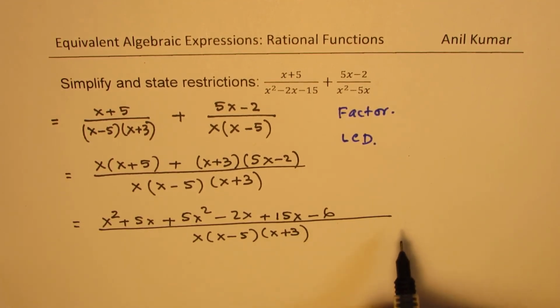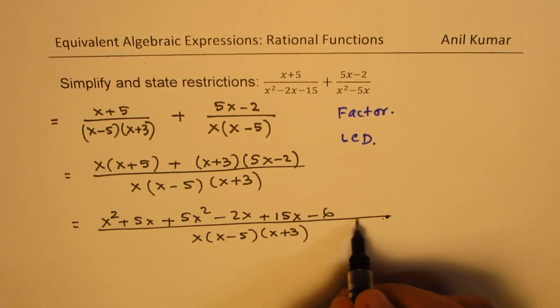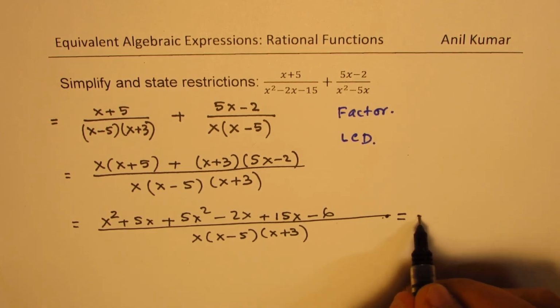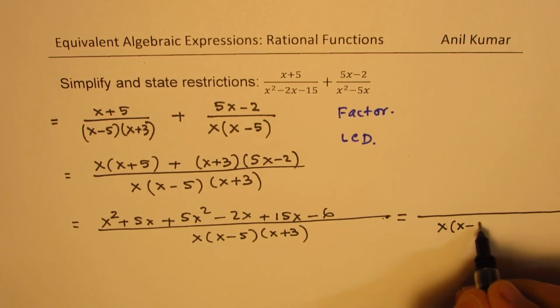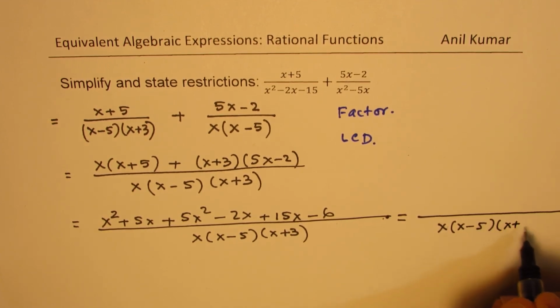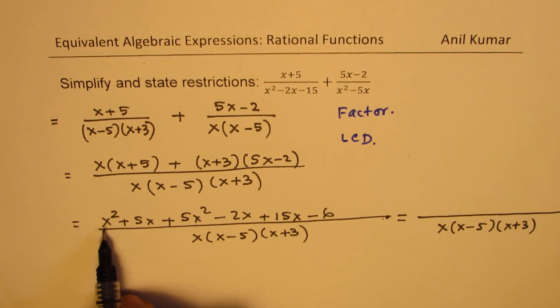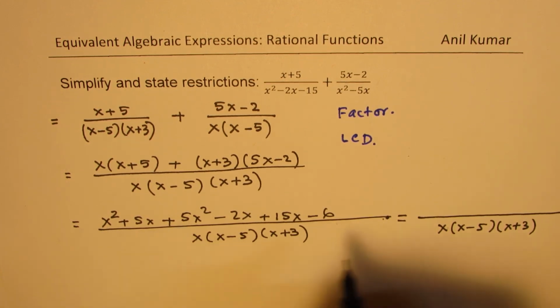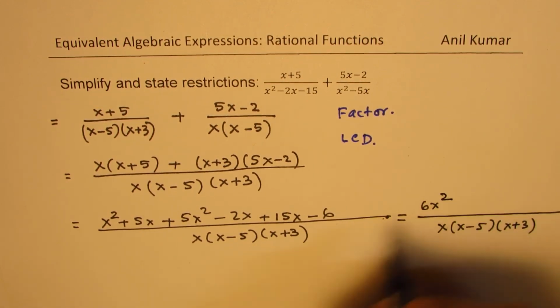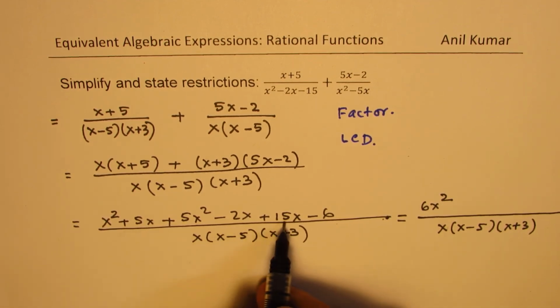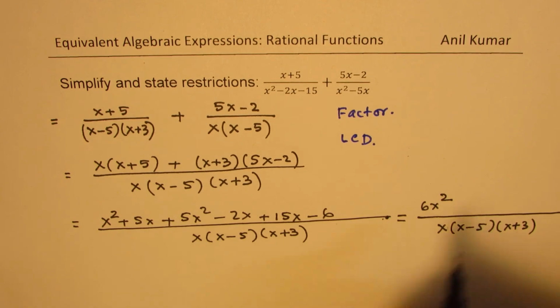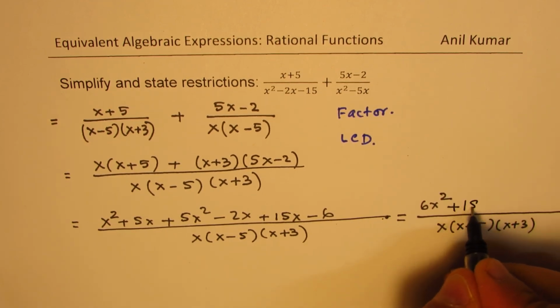We can now combine the like terms, okay? So let's write this as combining the like terms. The denominator here is x times x minus 5 times x plus 3. As far as x squared is concerned, we get 6x squared. 5x minus, well, 5 plus 15 is 20. Take away 2 is plus 18x.